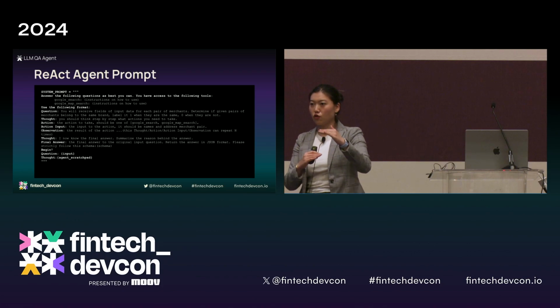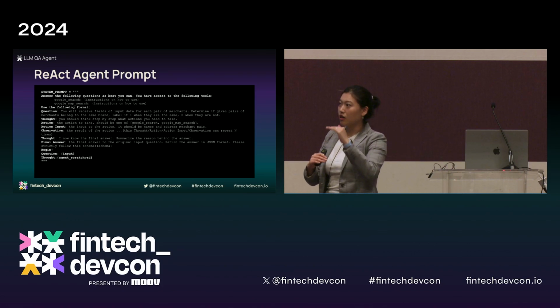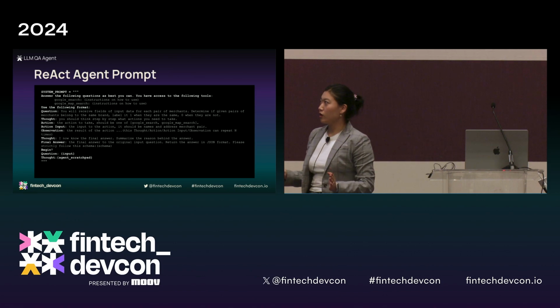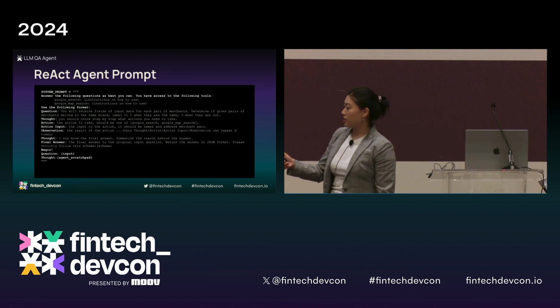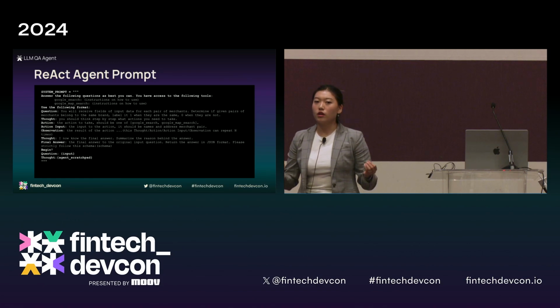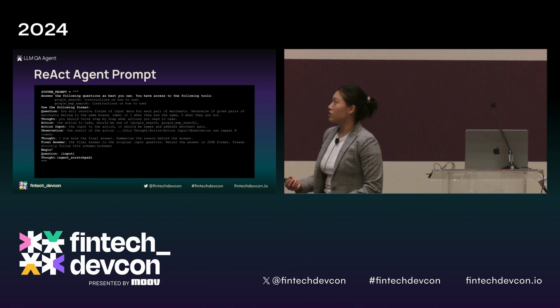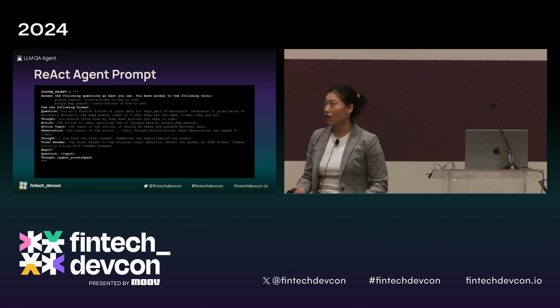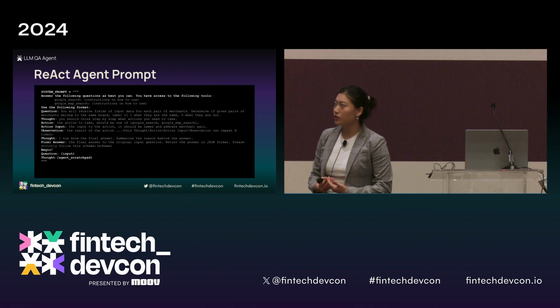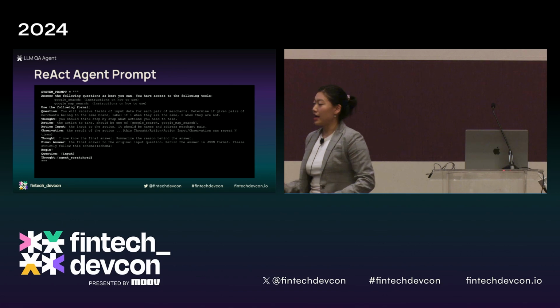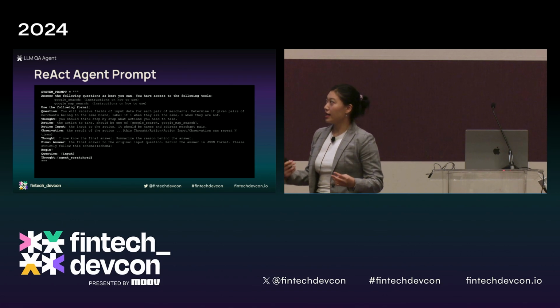This is the format that we talked about just now, the think, action, observation loop. The first one is the question. In this part, define what input your agent will receive and what question you want it to tackle. And in the second part, the thought part, encourage your agent to think step by step on what actions it needs to take.